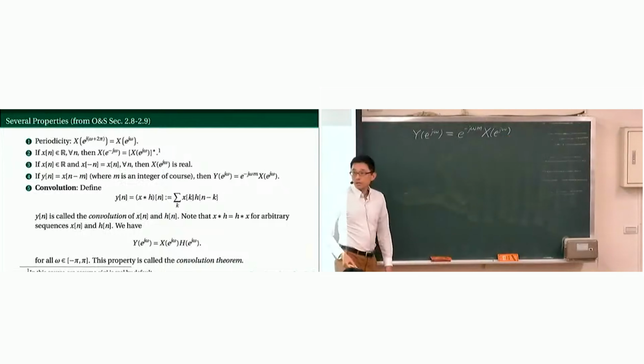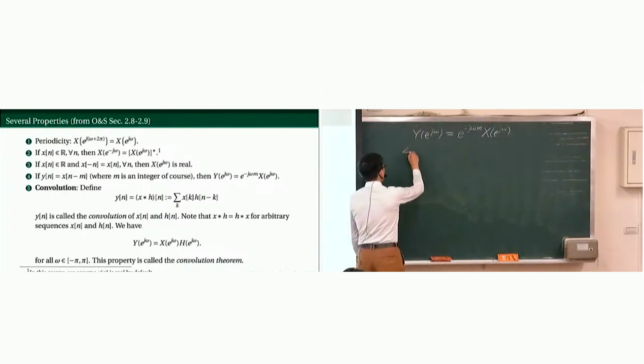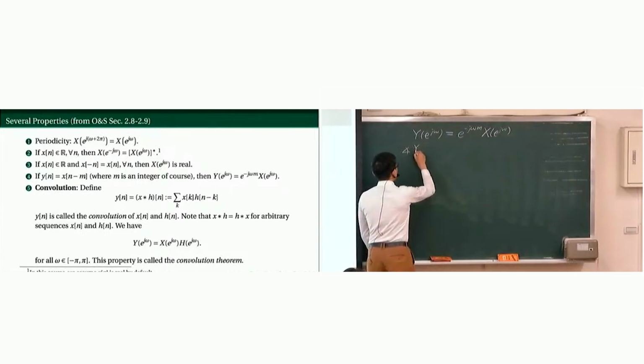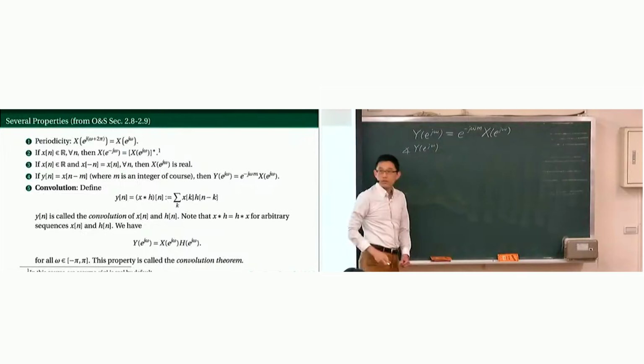And what does it tell us? Here's my insight. We can take the phase of the spectrum. And we know that when we multiply two complex numbers, what happens to the phase? The phase adds, right?